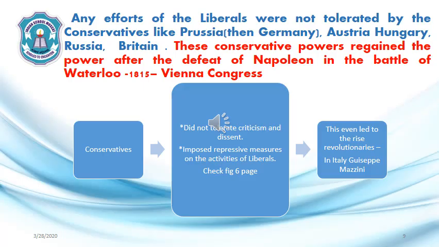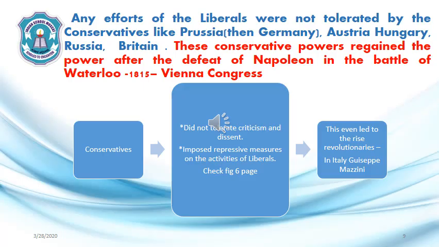So when conservatives started imposing a lot of restrictions like this, there was a group who went for such activities, who wanted to unify their territories, and such a group we call revolutionaries.